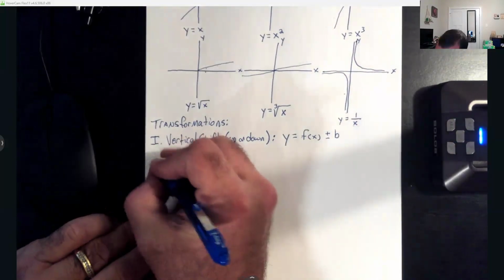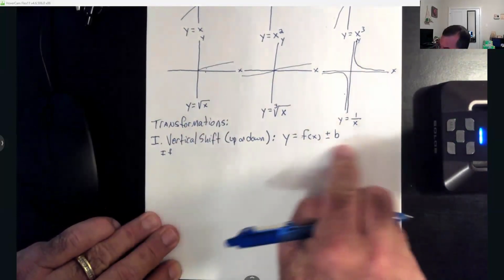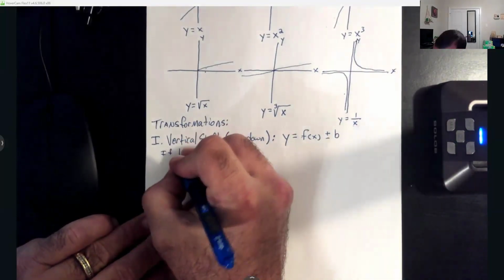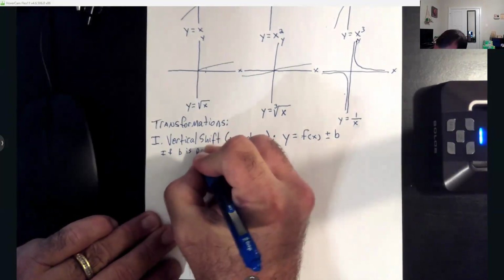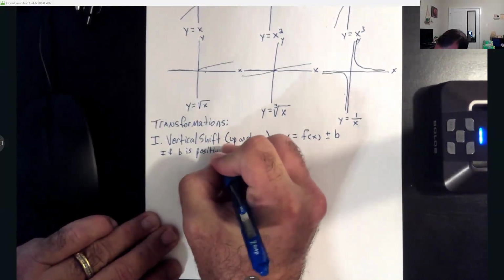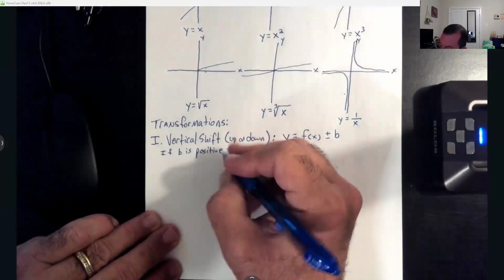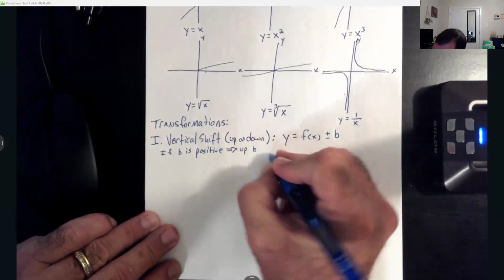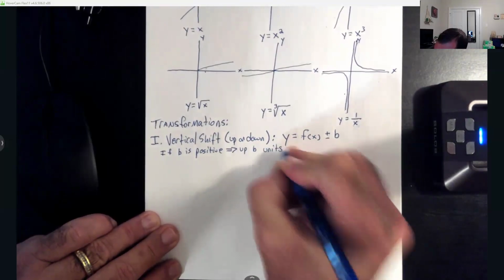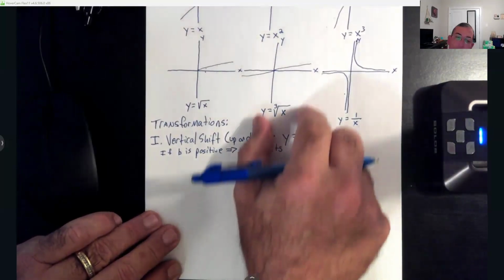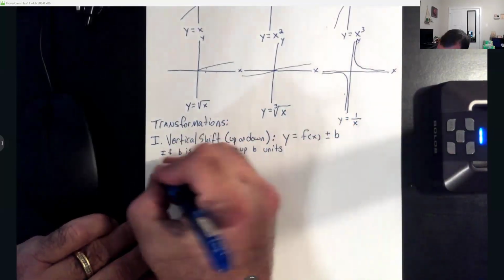So here's the thing. If this b is positive, that will move the graph up b units. Well, if that's plus 5, it's going to move me up 5 units, okay?